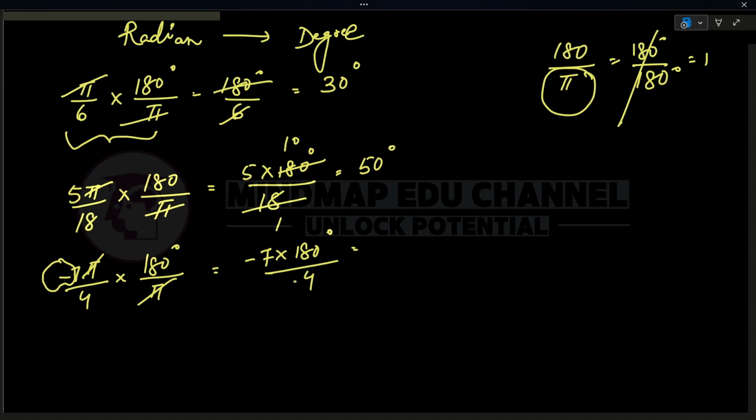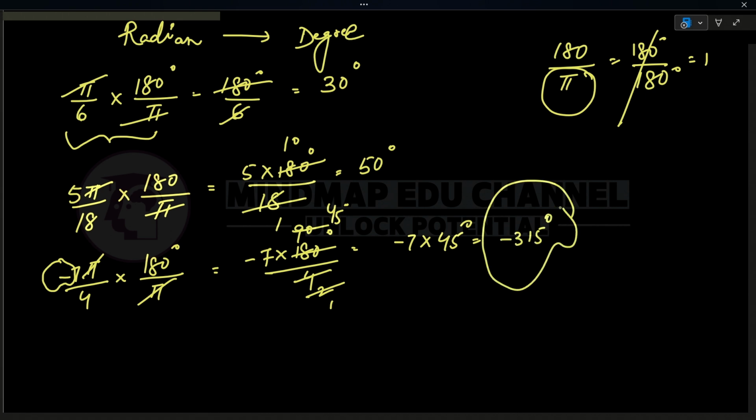Okay, let's reduce here. 4, 2 9s are 18, 2 1s are 2, and 45. So we are left with minus 7 into 45 degrees and that will be minus 315 degrees.